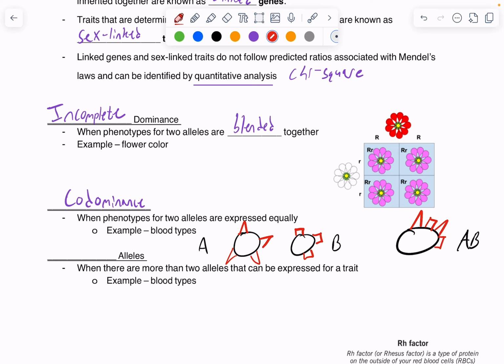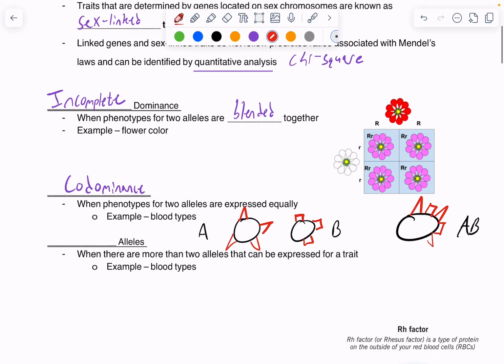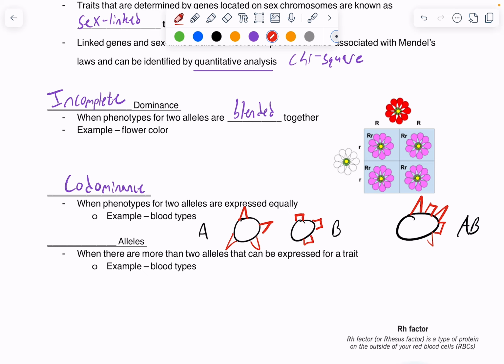Codominance is when both traits are expressed equally. We can also see this in some animals, like stripes in animals or cows with their black and white pattern. That would be an example of codominance.